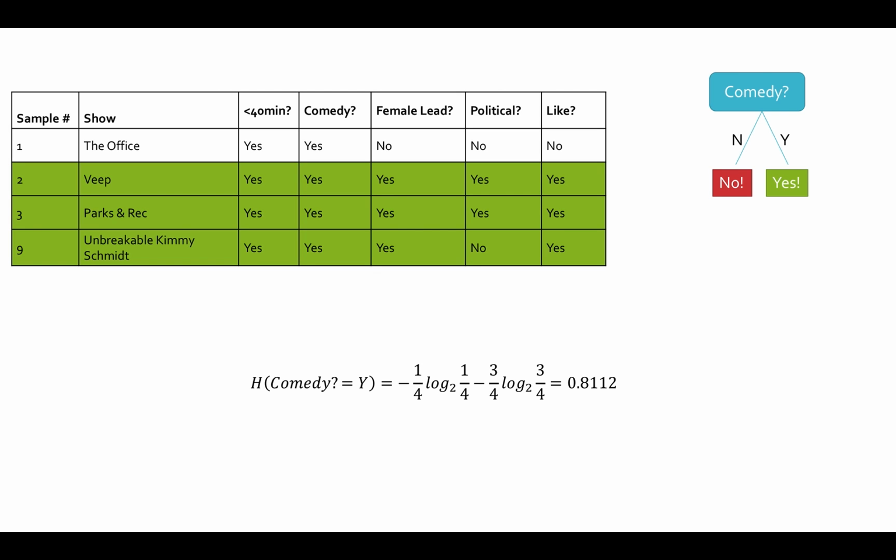Moving on to the right-hand side, when comedy equals yes, we have 4 samples, 3 of which have a label of yes. The entropy for this side is 0.81.